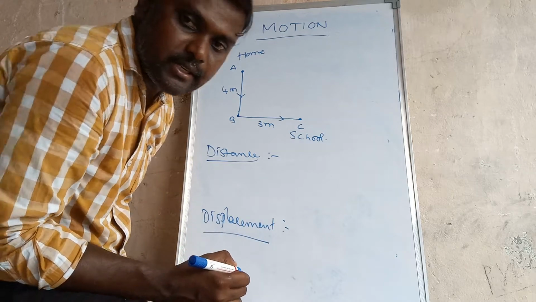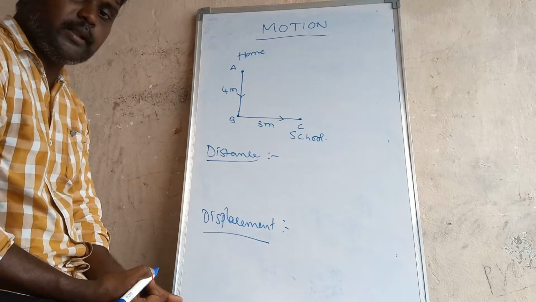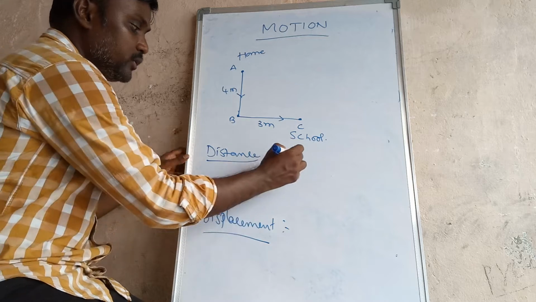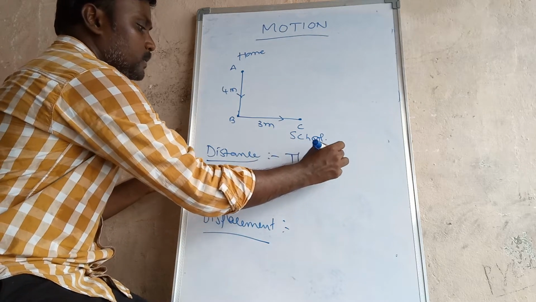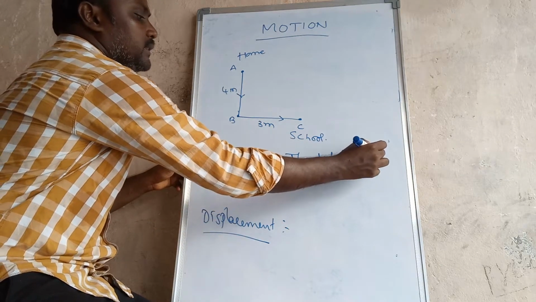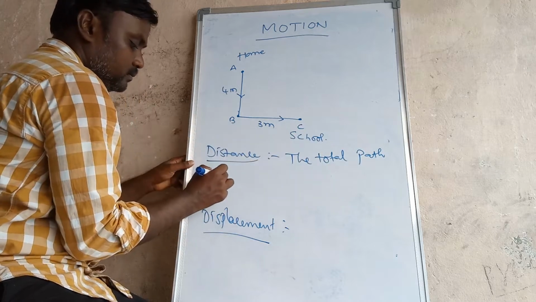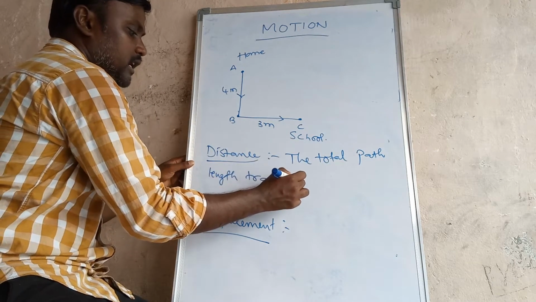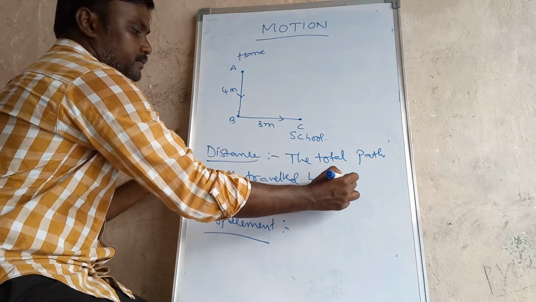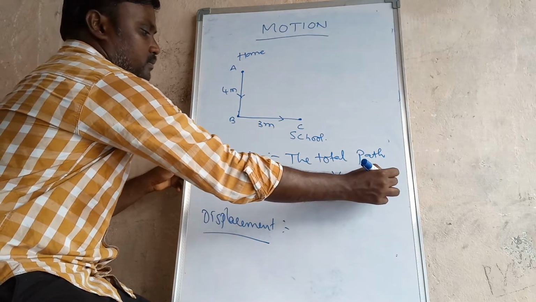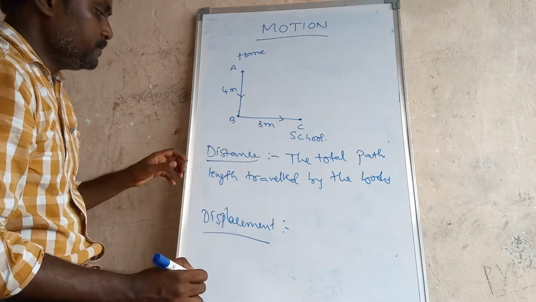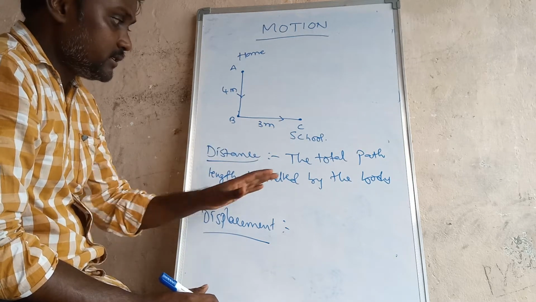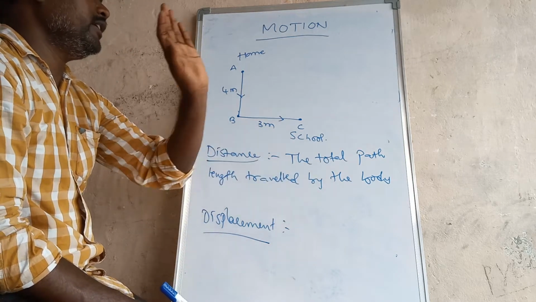What is distance and what is displacement? Distance means the total path length traveled by the body in a given time. This is called the distance: the total path length traveled by the body.